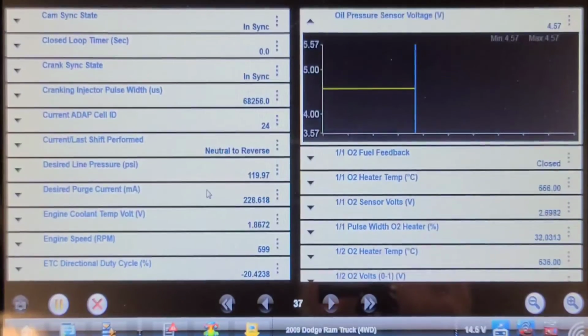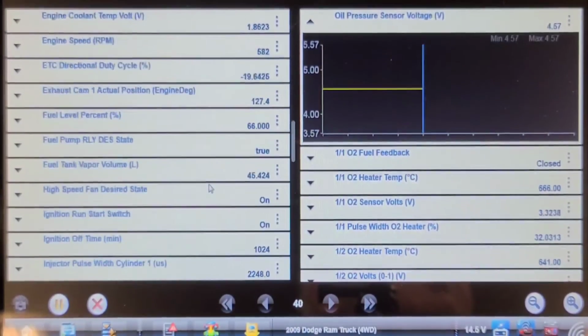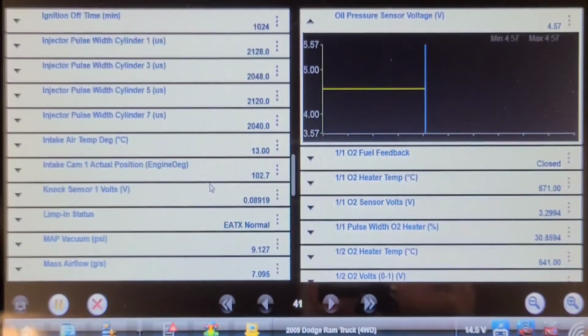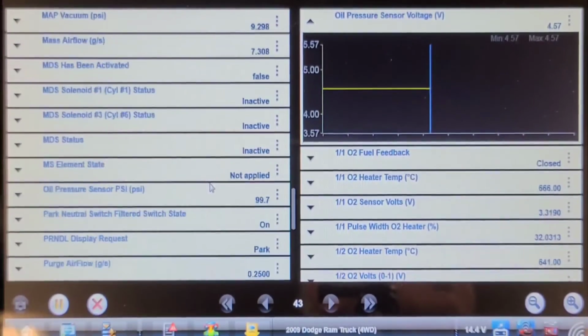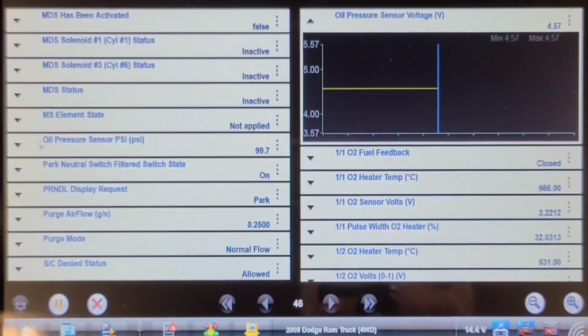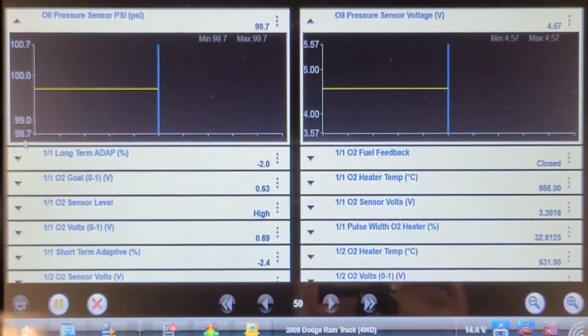4.57. Pressure sensor and PSI seems awful high. 99 PSI? Really? That seems unusual. Let's see what it goes to when we turn the key off.